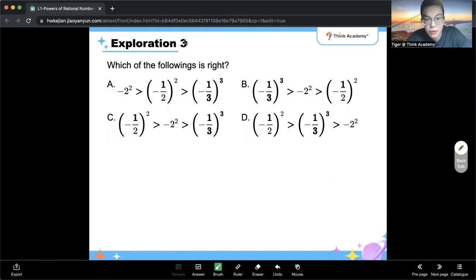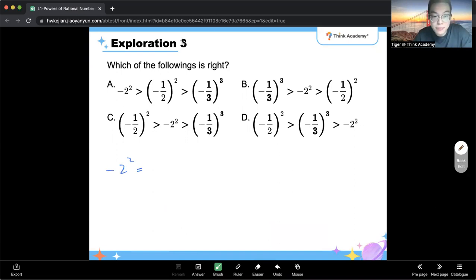So it's the same 3 numbers, or it's the same 3 powers that we're comparing, which means that in the end, I just need to calculate each of these 3 powers, and I will be able to compare the values of these 3 powers, right? So the first one we have is -2 squared. What is the value of this expression?